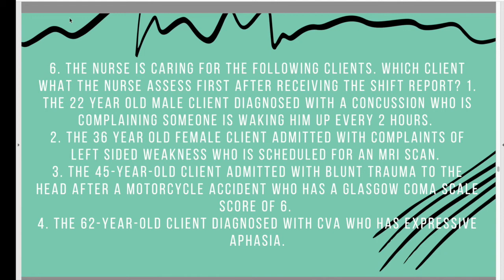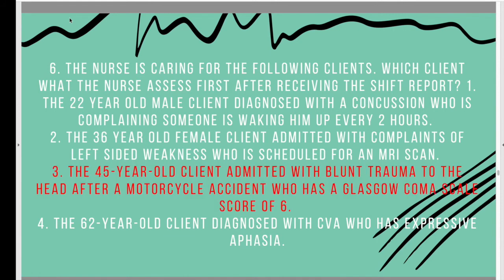So among these 4 patients, the worst is number 3 because the Glasgow Coma Scale is 6, whereas the normal is 15. So we need to assess this patient first.